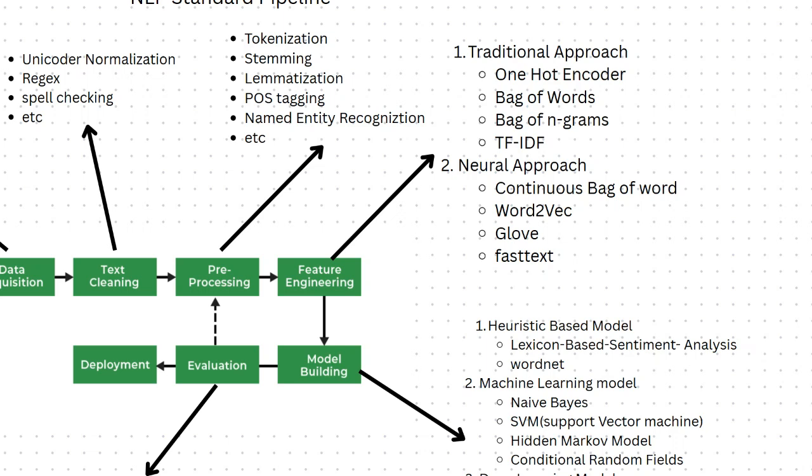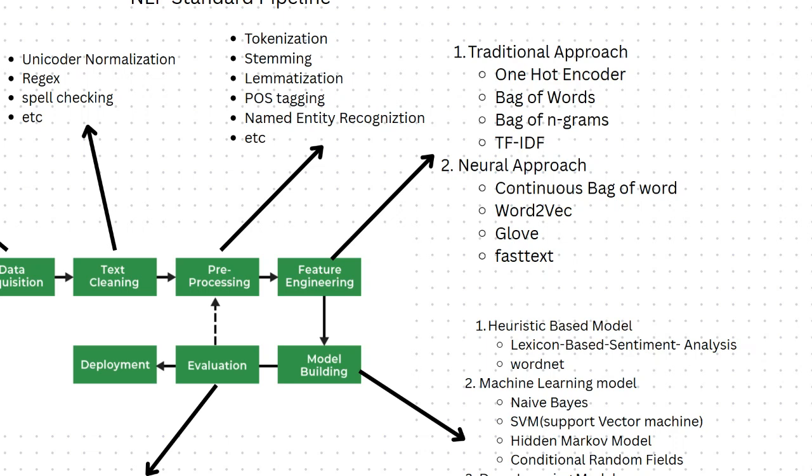The traditional approach includes one hot encoding, bag of words or bag of n-grams, or term frequency and inverse document frequency, TF-IDF. So we use these traditional approaches for feature engineering.